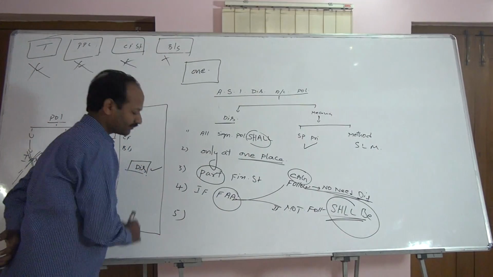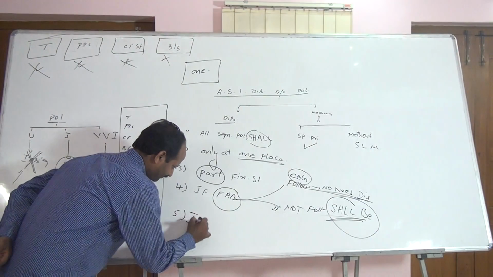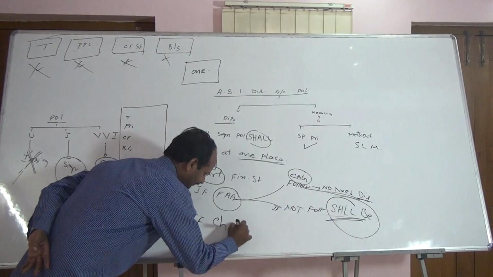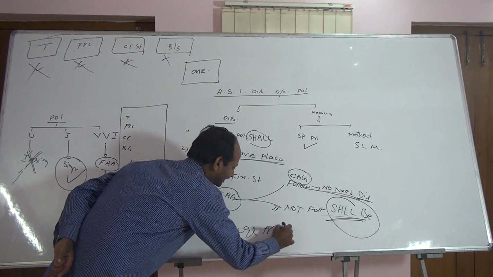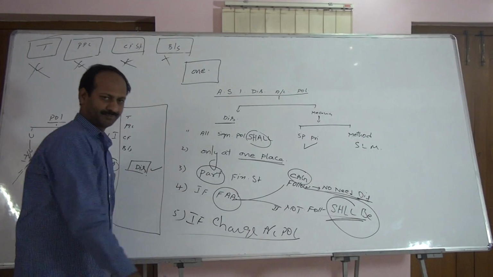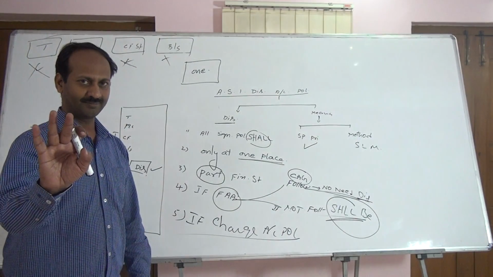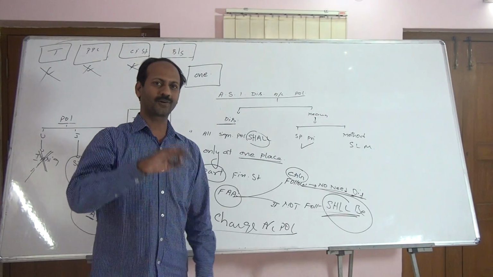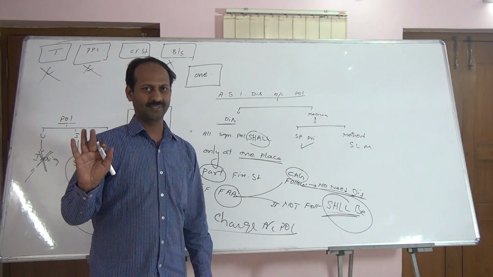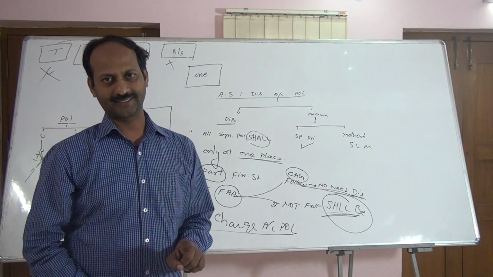Point 5. If there is any change in accounting policy, normally every year we have to follow the same accounting policy. That is called consistency.